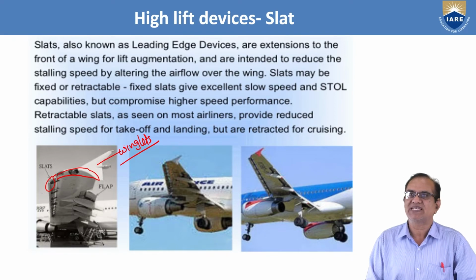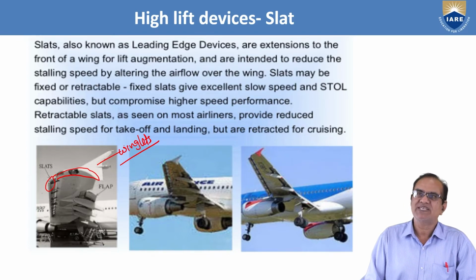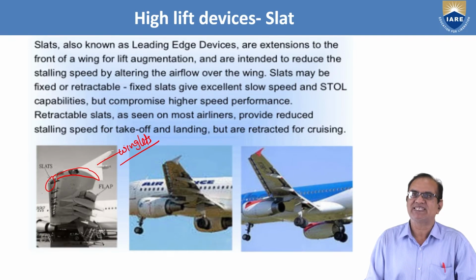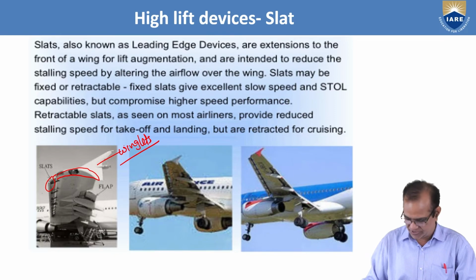Fixed slats give excellent slow speed and STOL capabilities, but compromise higher speed performance. Retractable slats, as seen on most airliners, provide reduced stalling speed for takeoff and landing, but are retracted for cruising.